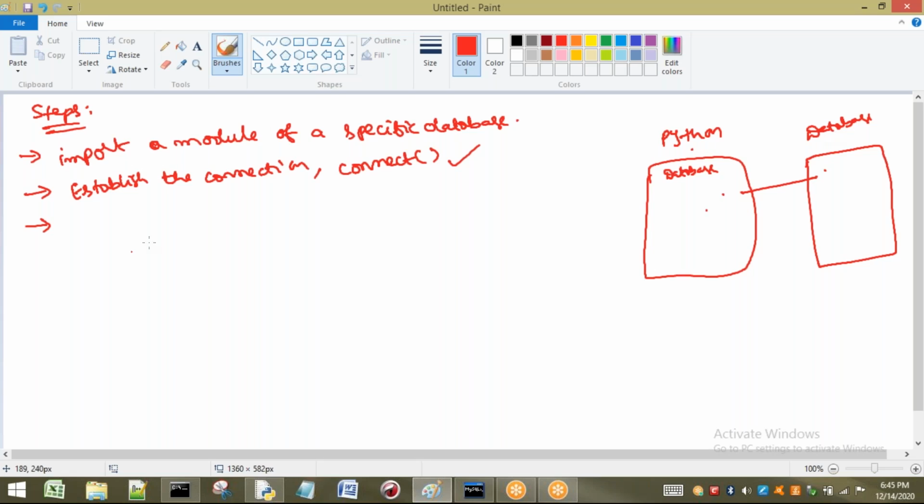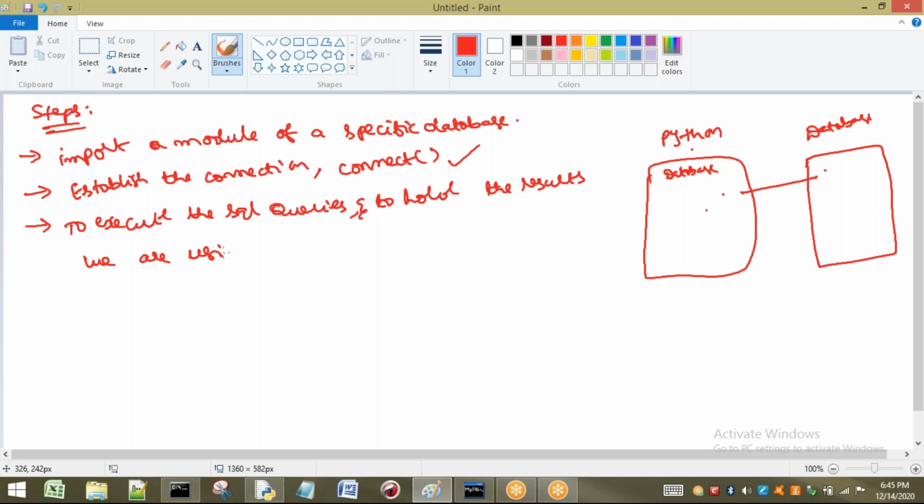So to execute the SQL queries, and after executing the queries, to hold the results, we are using the cursor concept.